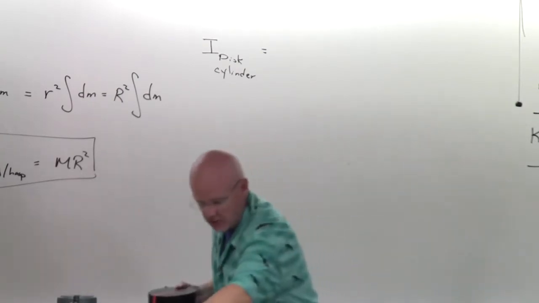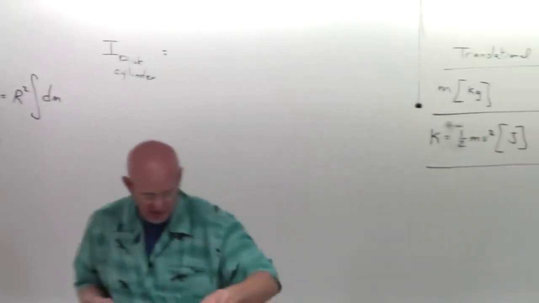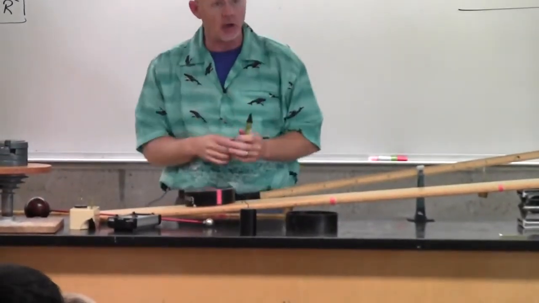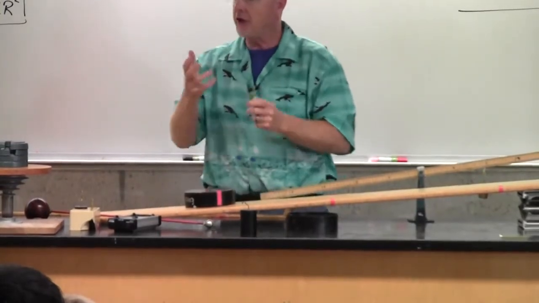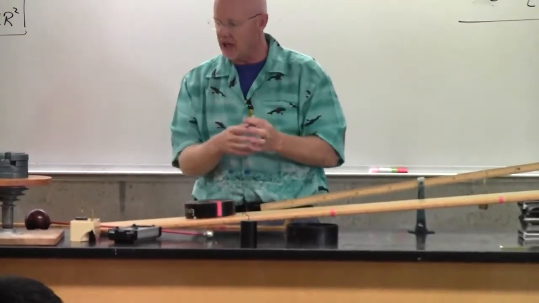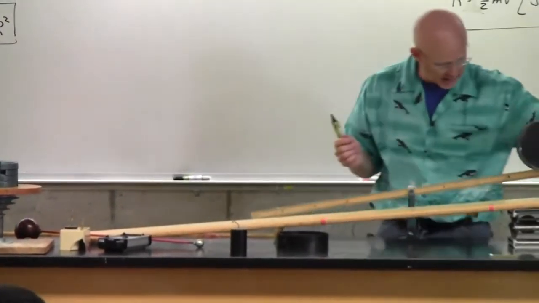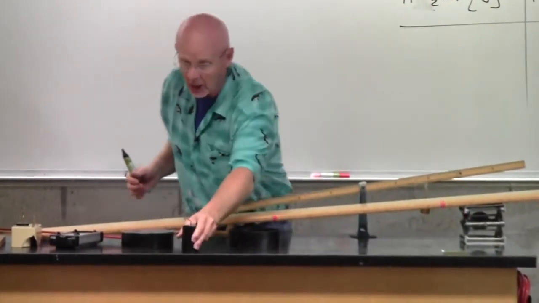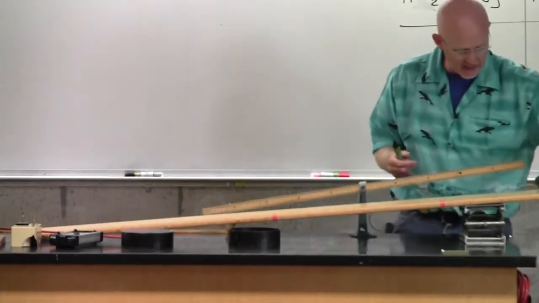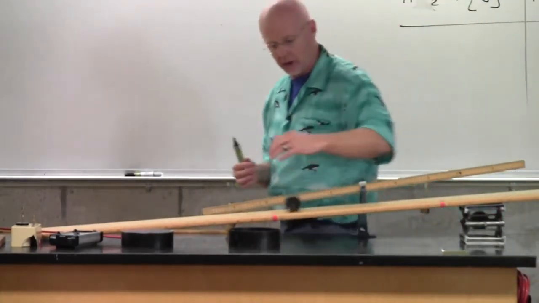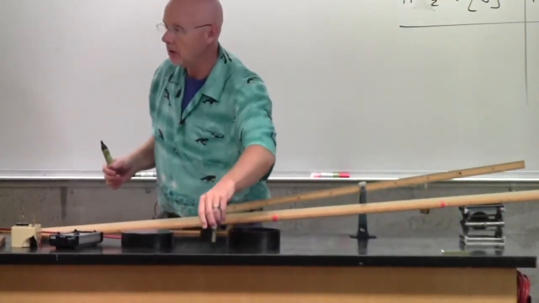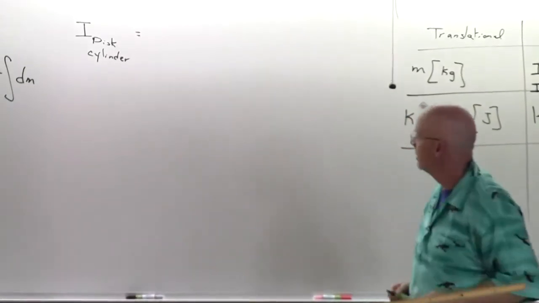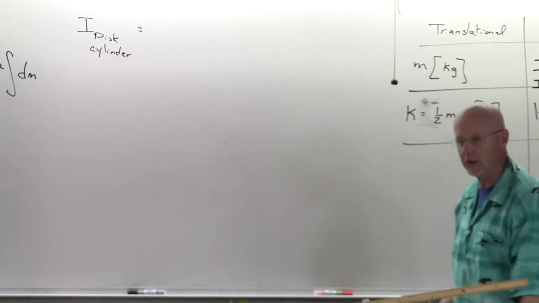But if it was more like this, where it is taller than it is wide, we tend to call those cylinders. But I think you would agree the layout is still the same, and so whatever I calculate here and how I calculate the moment of inertia for a disk would certainly be the same that I would calculate for a cylinder. And so let's do the disk, or cylinder if you would like.